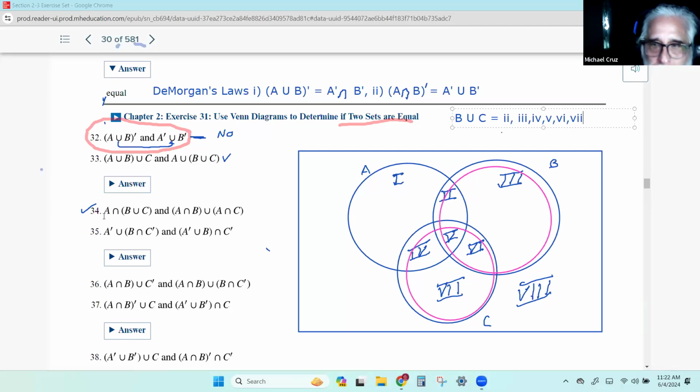So A intersected with that. You might be able to just see that it's usually here, but I'm doing it in a basic way. If you don't understand anything, then this is the way to do it. All right. A is made up of 1, 2, 4, and 5.